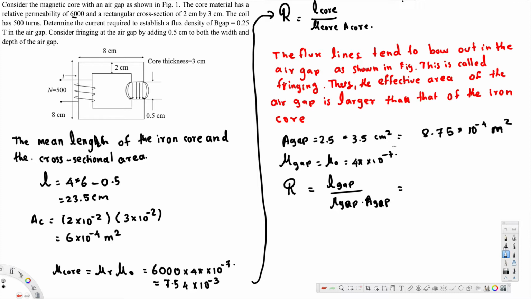L gap is the length of the gap, that's 0.5 centimeter, and that divided by mu gap times A gap gives us 4.547 times 10 to the power of 6.